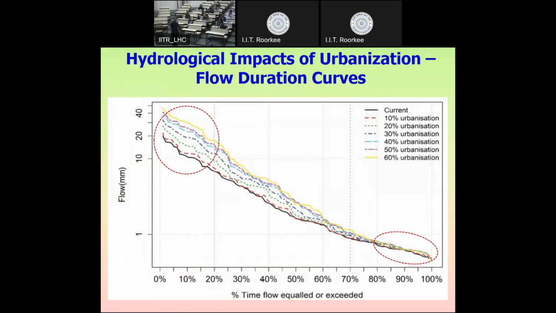You can see that in this part, near the tail end, all the curves are almost identical. So the tail end behavior will not change, but the head behavior will change. That means more and more floods can be expected, and less impact will be seen on the low flows.